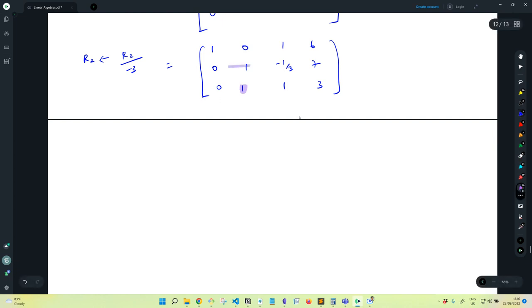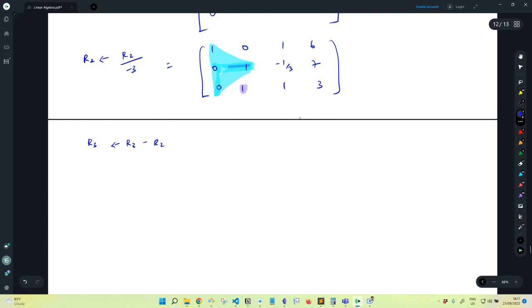So remember, when you make this entry 0, you should not affect any of the entries that you have adjusted. So let me take a different color. These entries should not be affected. Whatever operations you suggest, in fact this entry also should not be affected. Now with this constraint, can you suggest an operation?